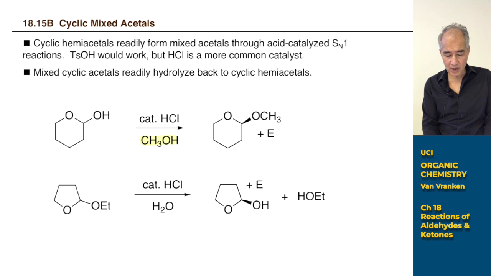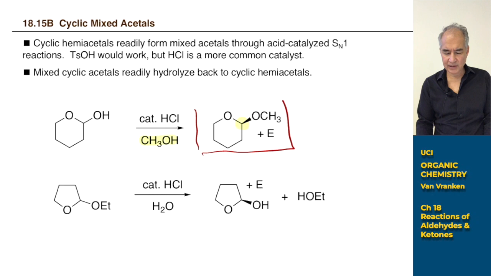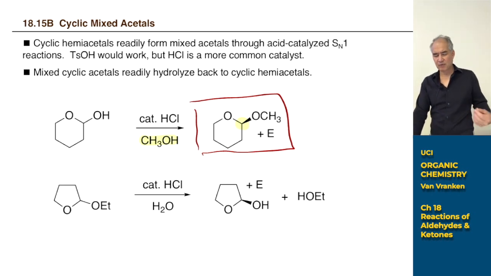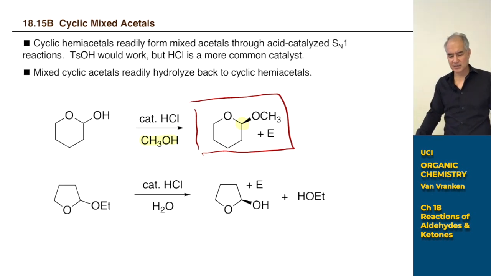You go through a carbocation, so you get addition to both top and bottom faces of that carbocation. If I have a box here and I say draw the product in the box, then you need to clearly indicate the stereochemistry. SN1 reactions give you equal rates of attack from the top and the bottom, so you'll get a mixture of enantiomers there. So you need to recognize that you've generated a stereogenic center.